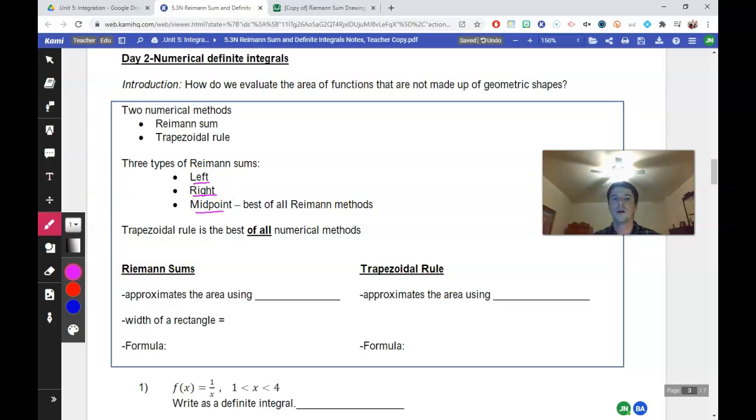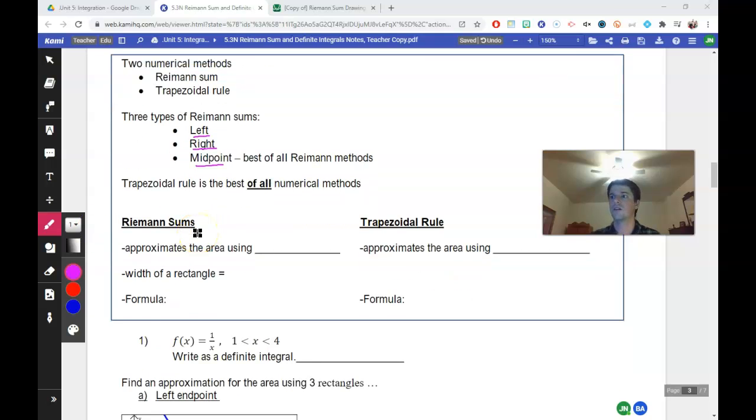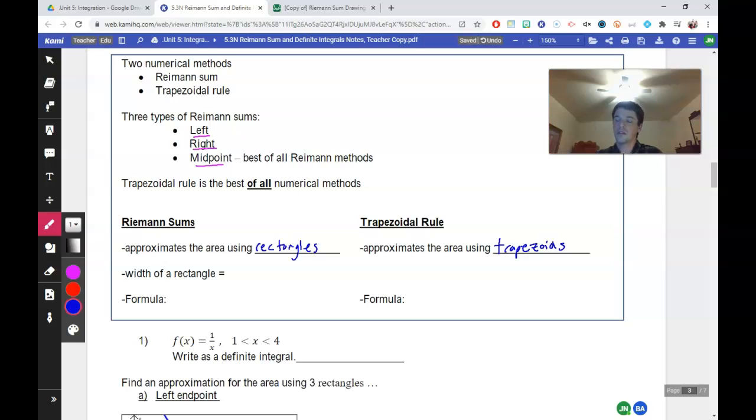So the way the Riemann sum works, as you all saw, is it approximates the area using rectangles. And of course, as you can guess, the trapezoid rule uses trapezoids. One of the things that hopefully you saw was the width of that rectangle.